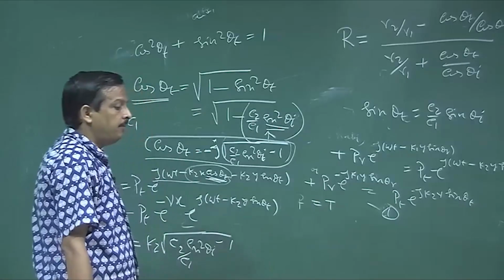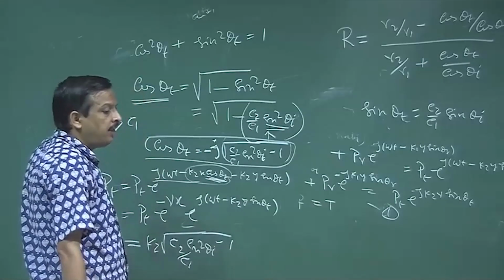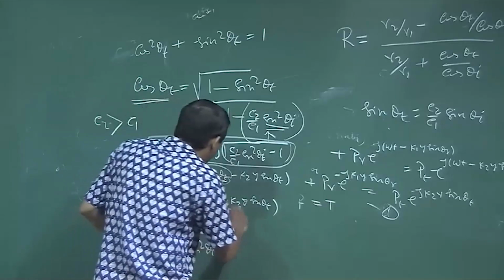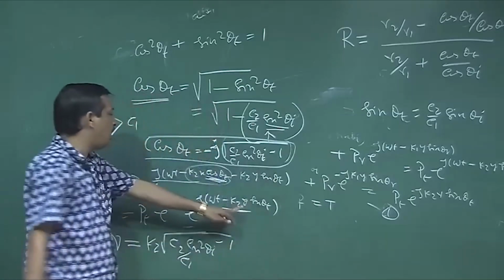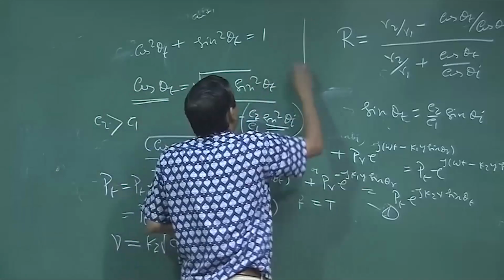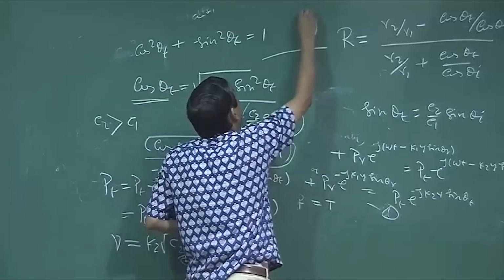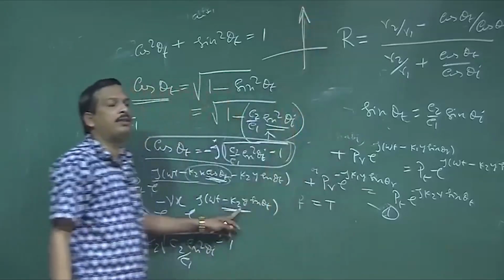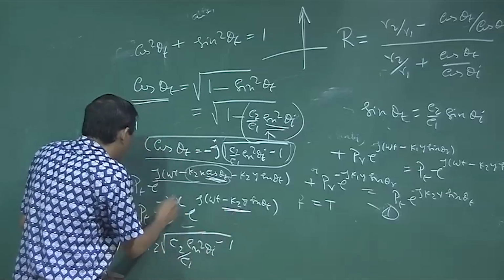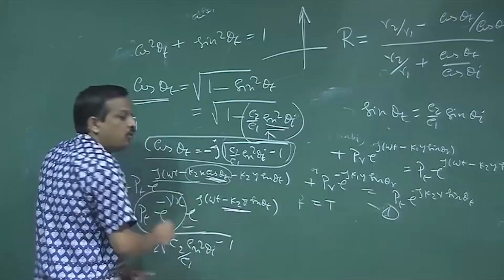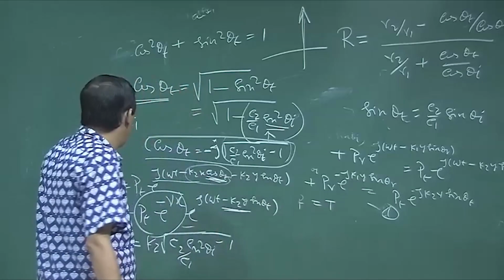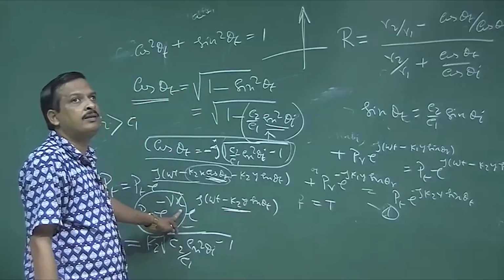Now, the transmitted wave propagates along which direction? Only the y direction, because y is there, x is not there. So, I can say the transmitted wave propagates along the y direction, and if you see the amplitude of the wave, it will decrease along the x axis.